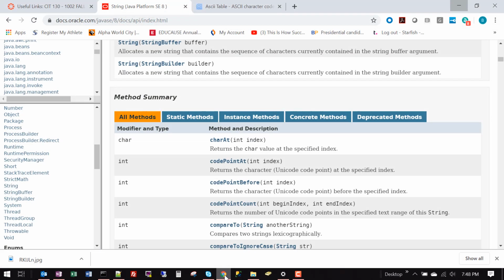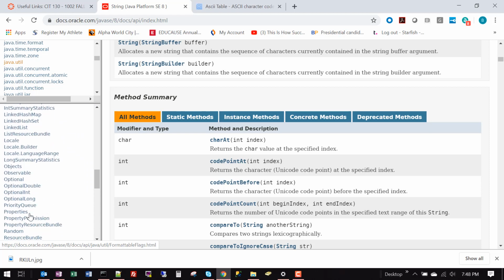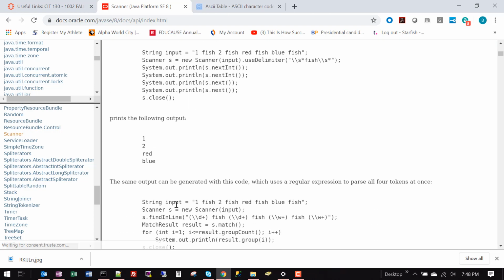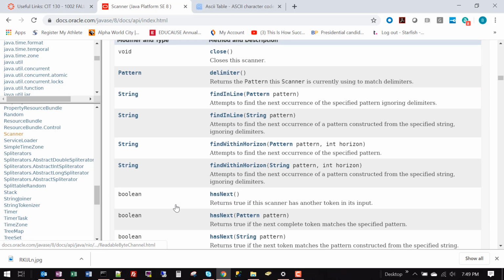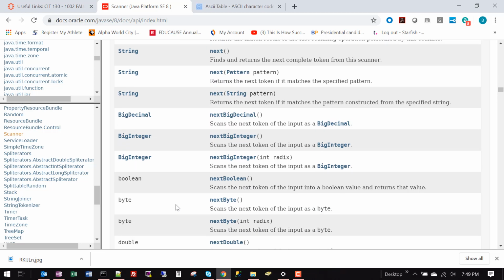So inside of the scanner class, let's go look at that, we find two different string methods. We have one that is next, and it finds and returns the next complete token from this scanner, and it returns it as a string.